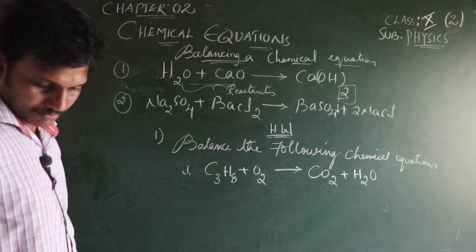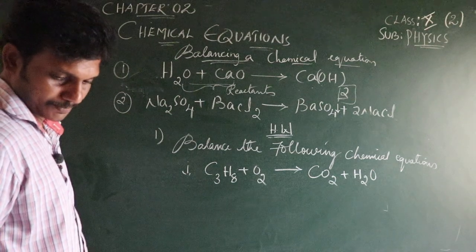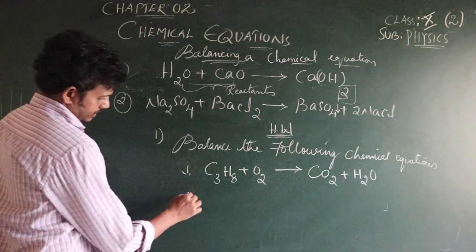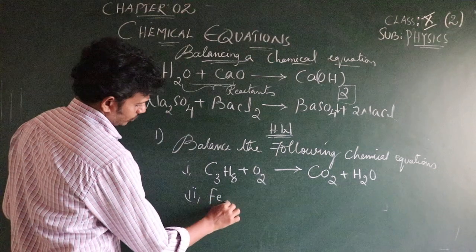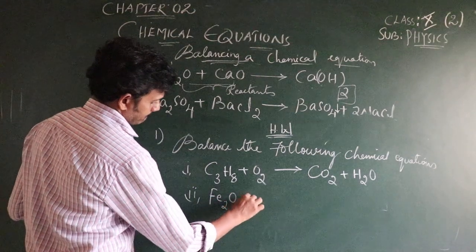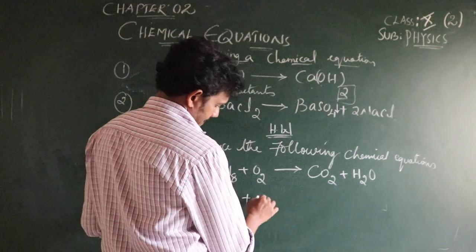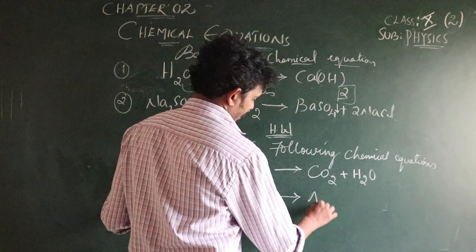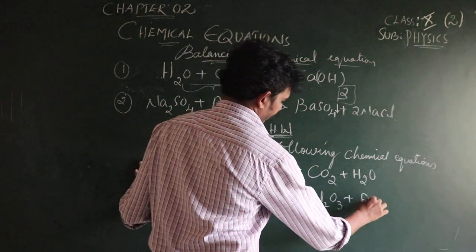This is one equation, and the second one is Fe2O3 plus Al gives rise to Al2O3 plus Fe.